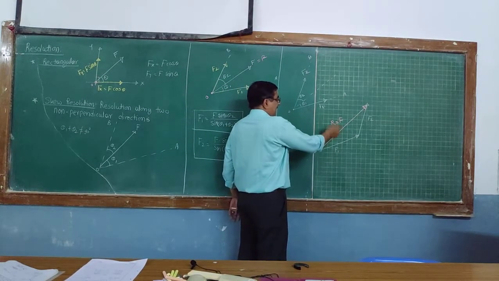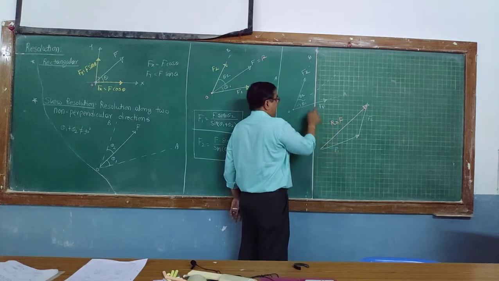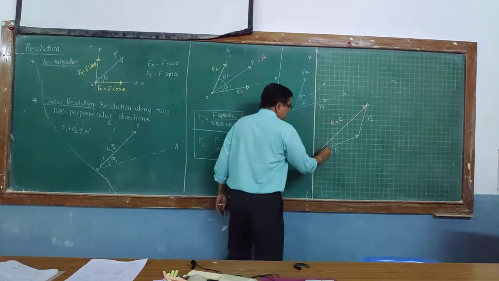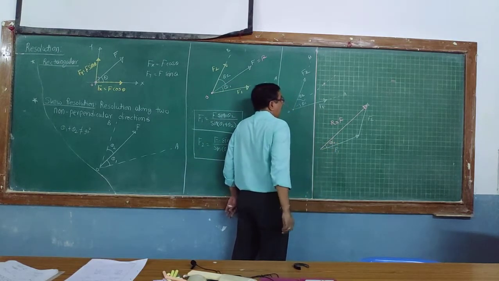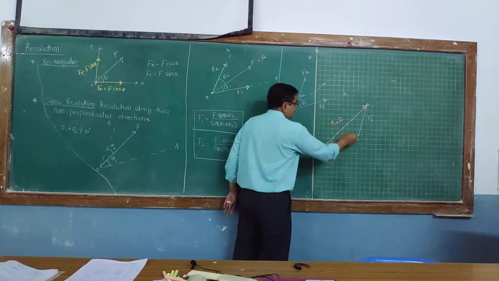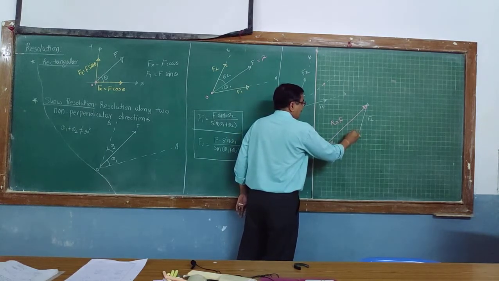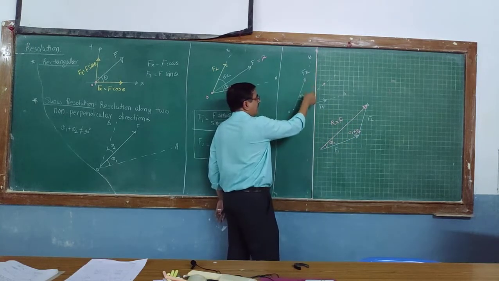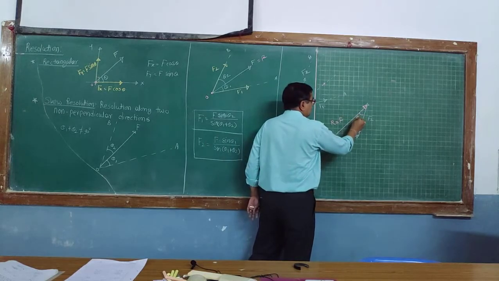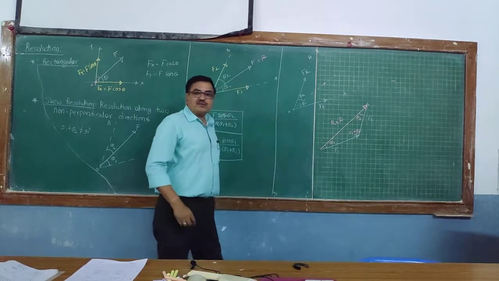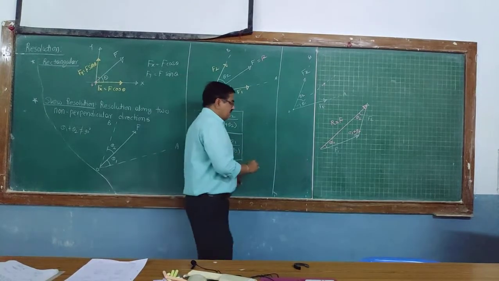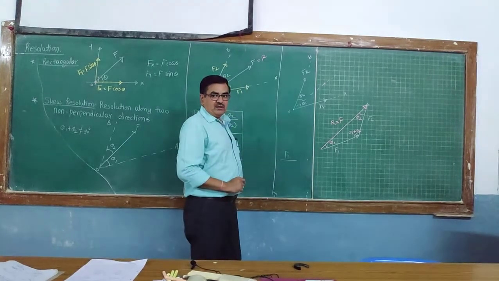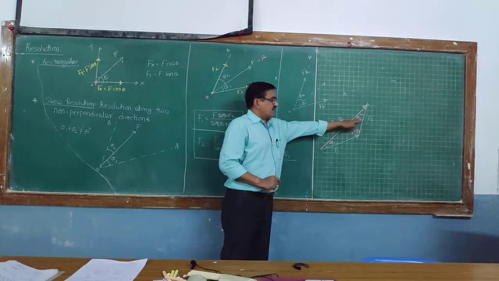Now in this figure, F is acting along this direction, and the angle between F and F1 is theta 1. Angle between F1 and F2 is theta 1 plus theta 2, and angle between F2 and F is theta 2. So in this triangle, if you use sine rule, it can be written like this: F1 upon sine of the angle between the remaining two forces.